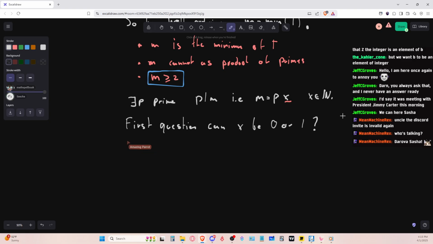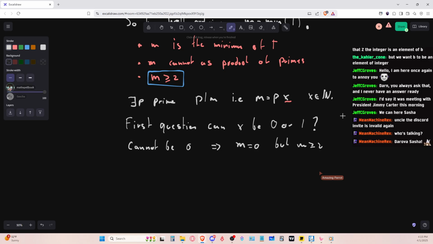Yeah. So exactly. So I'm just gonna write down what you said. So it cannot be 0 because it will equate to 0 for m, which is not allowed. M would be equal to 0, which contradicts. For 1, I don't think it could be 1 because if m is equal to 2, then that would make p 2, which is a prime.